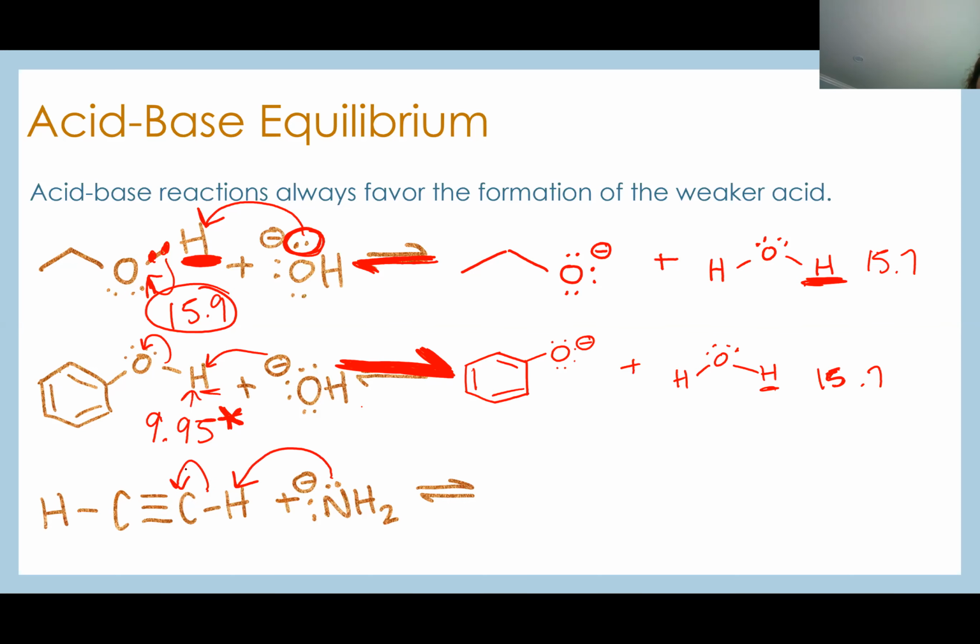And we'll put the electrons onto the carbon. Okay, so this gives us a carbanion, which is a negative charge on a carbon. This type of anion is called an alkanide.